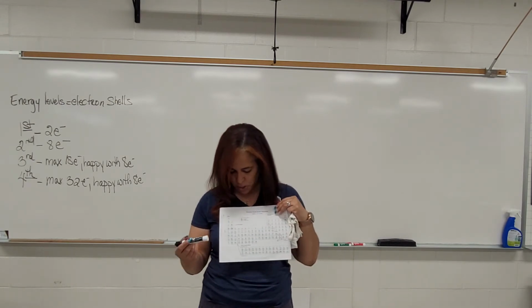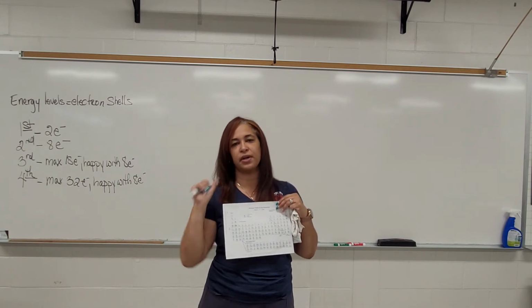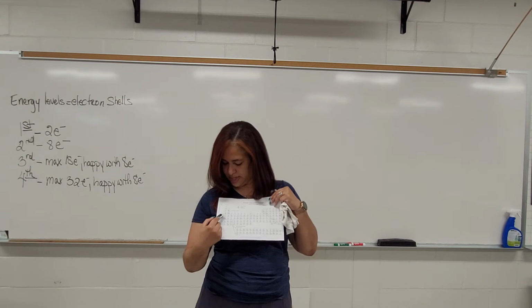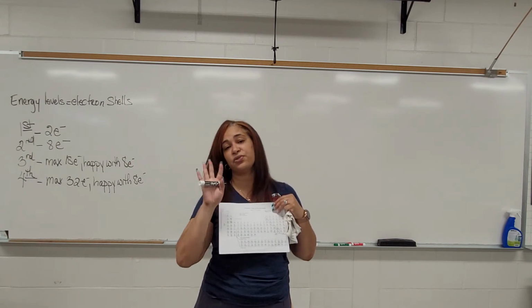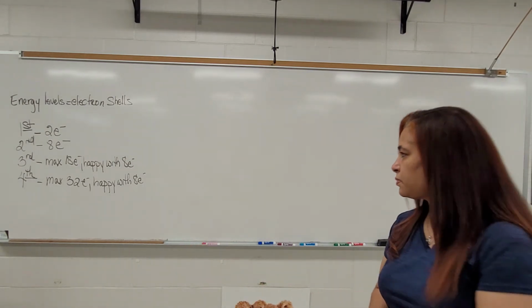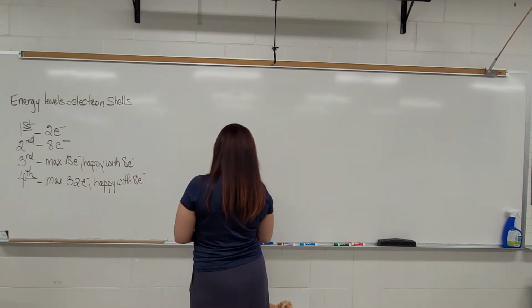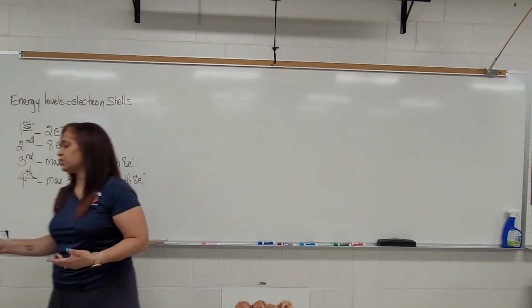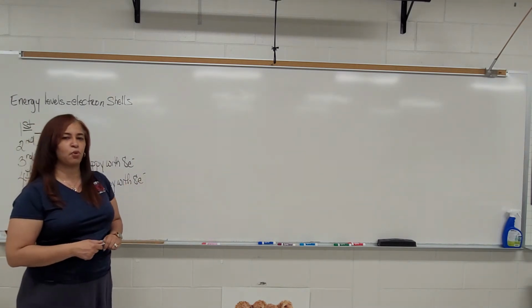For example, hydrogen and helium are in period 1, so they have 1 energy level. Potassium is in period 4, so it has 4 energy levels. Taking a look at that, let's start populating the energy levels and then relating that to the Bohr model.